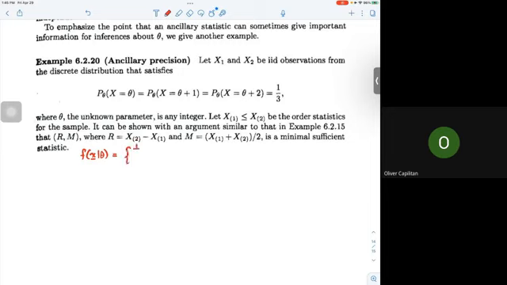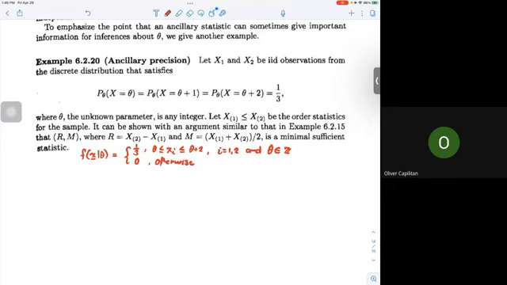This is equal to 1/3 if X sub i is greater than theta but less than or equal to theta plus 2, with i from 1 to 2, and we have the assumption that theta is any integer. And it is equal to 0 otherwise. This is like an example from our previous discussion.